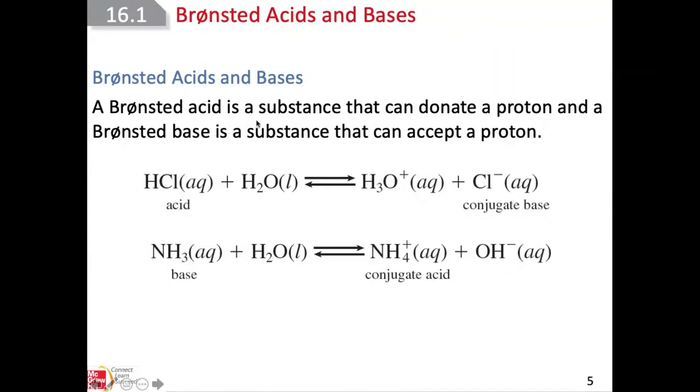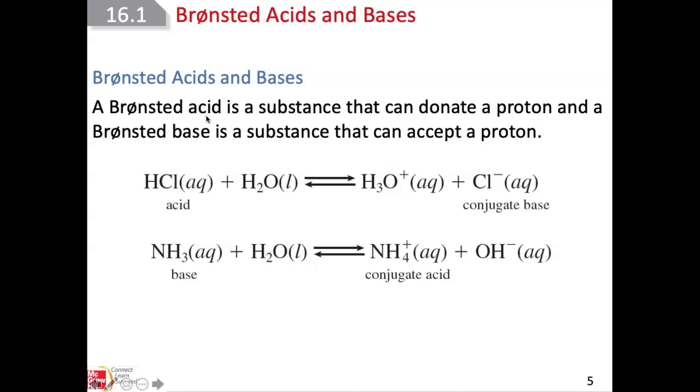In this context, the proton is represented by the H plus ion, because a hydrogen atom, which has one proton and one electron, when it loses its electron, becomes an H plus. Basically, H plus just has one proton, so instead of H plus, we can just call it a proton.